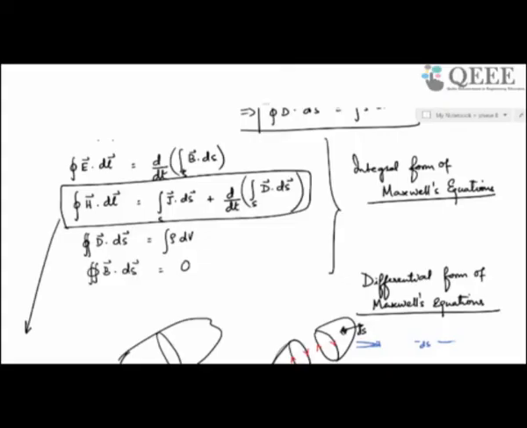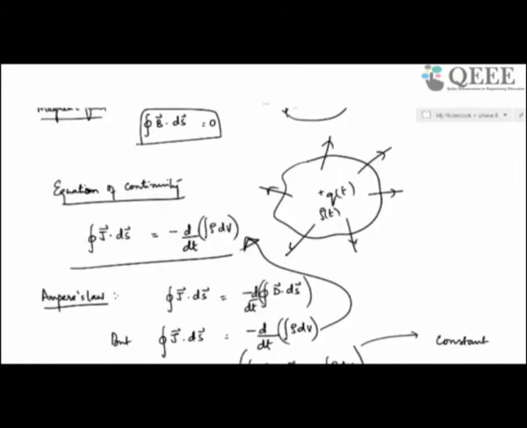I think I did this again, conduction current and displacement current. Just to repeat, conduction current is because of the flow of electrons.